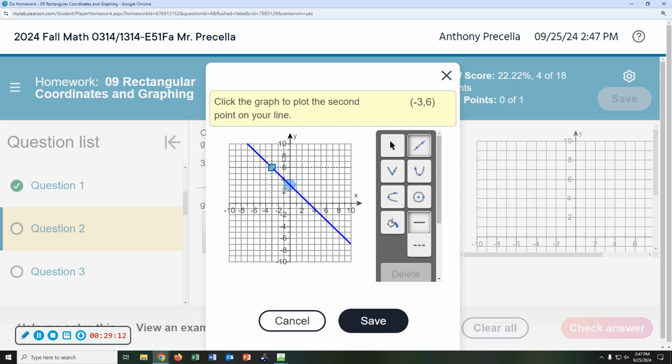Look at that. And now, what's the second point? 2, 0. If you click the wrong one, I just say cancel and start all over. There. Okay, I'm at it. So that's the x-intercept. It's on the x-axis, right? Right. So, save it.